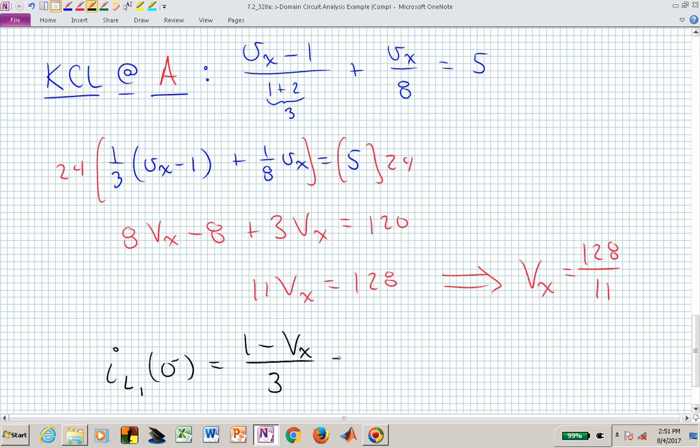And if we plug all of that in, with V sub x now 120 over 11, we end up with minus 39 over 11.